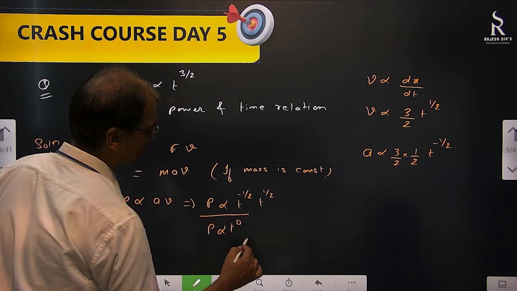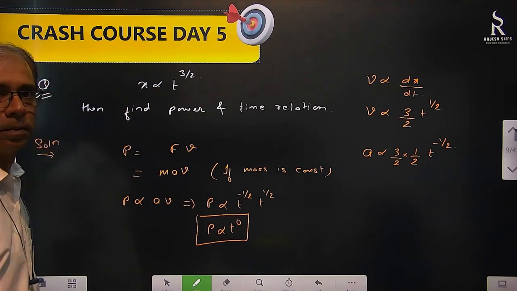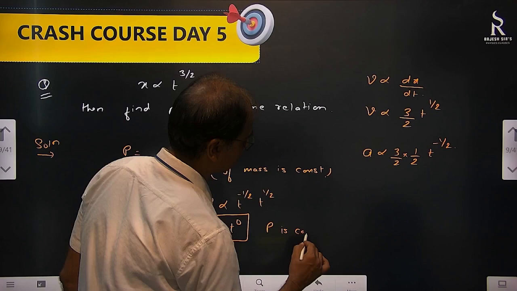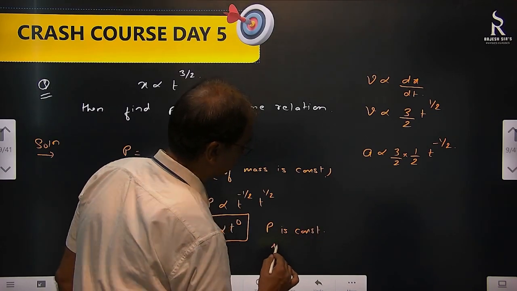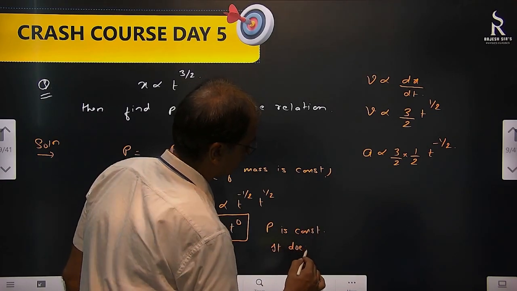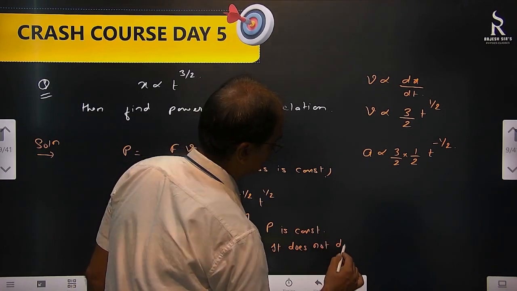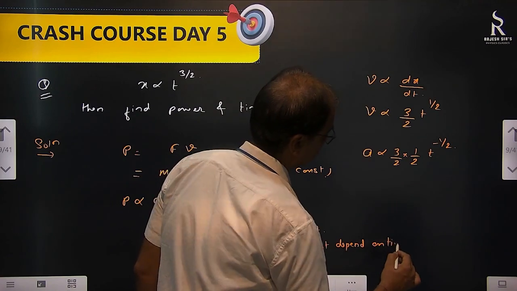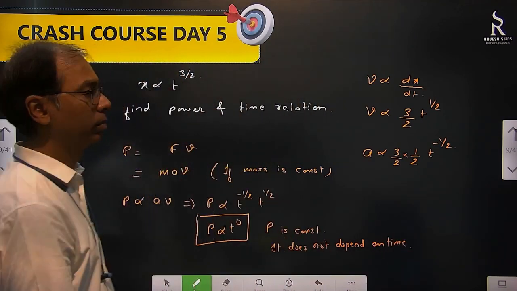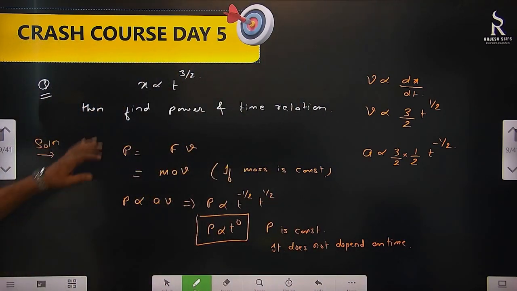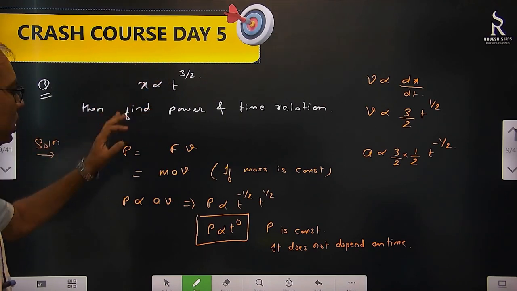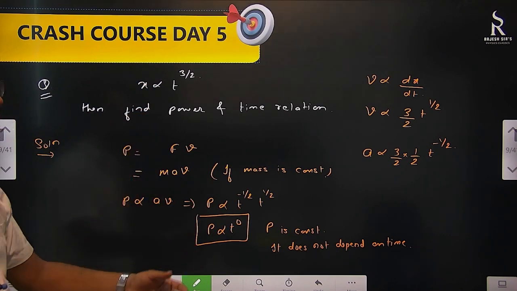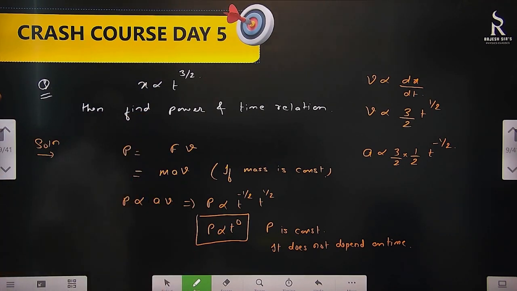That means P doesn't depend on time. P is constant here. This is clear? Only x is given, and with x they want to know the relation between power and time. We did it.